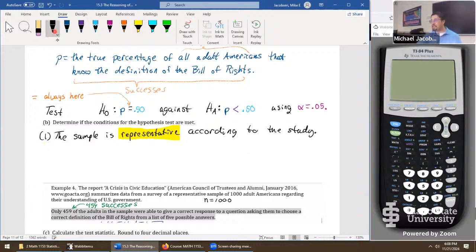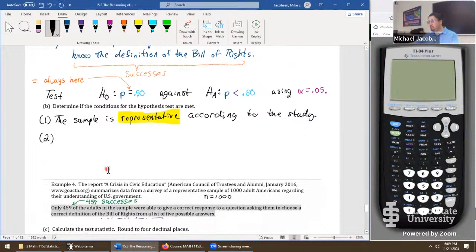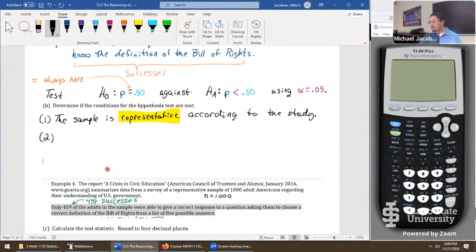For step 2, it's something that's a little bit more specific. We're just checking the expected successes, expected failures. So let's run through that portion. Right here, I'll just this time call it very briefly expected successes. On the right column, expected failures.